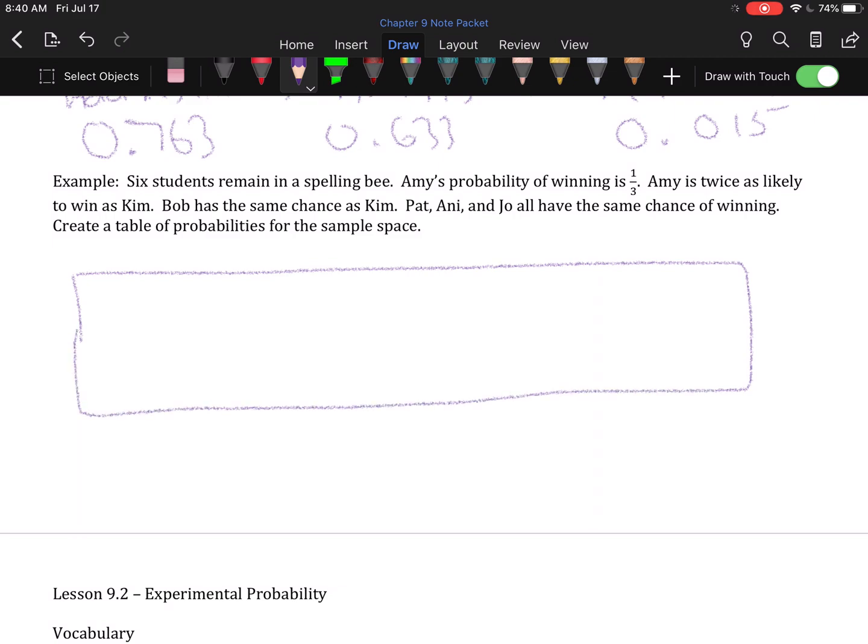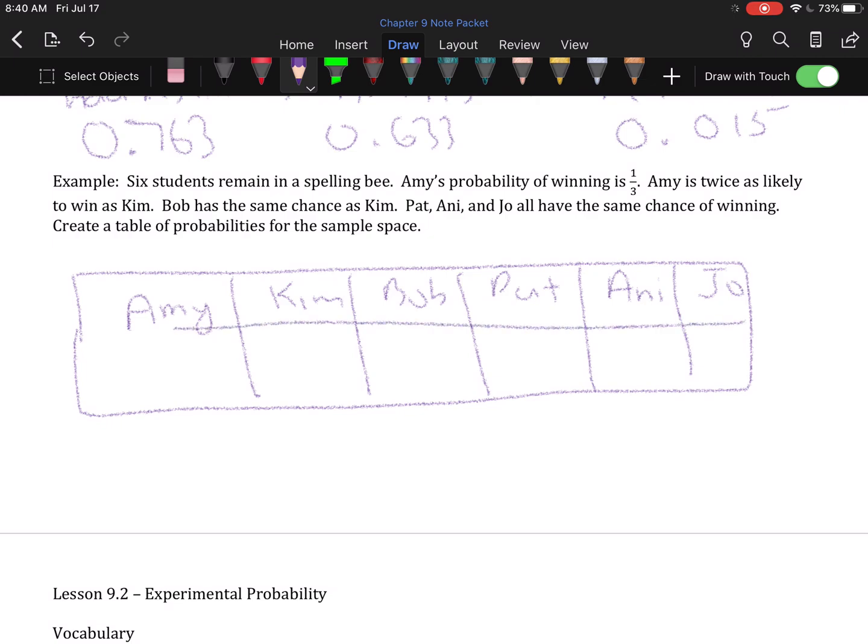Okay, so we've got Amy, Kim, Bob, Pat, Annie, and Joe. We know Amy has a 1/3 probability of winning.